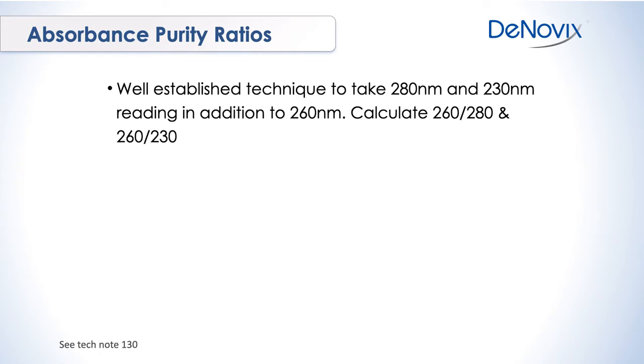Continuing with the contamination aspect of absorbance, we can also calculate purity ratios. These purity ratios are a well-established technique, used for many years, and they take the measurements at 260 for nucleic acids and compare those with the measurements at 280 and 230 and create a ratio from 260/280 and 260/230. The 260/280 is our ratio of nucleic acid to protein.